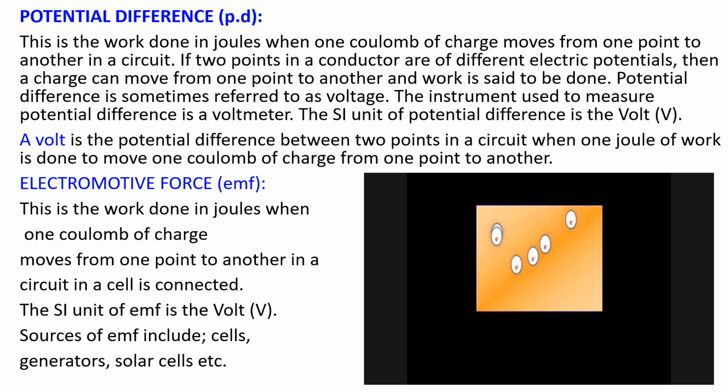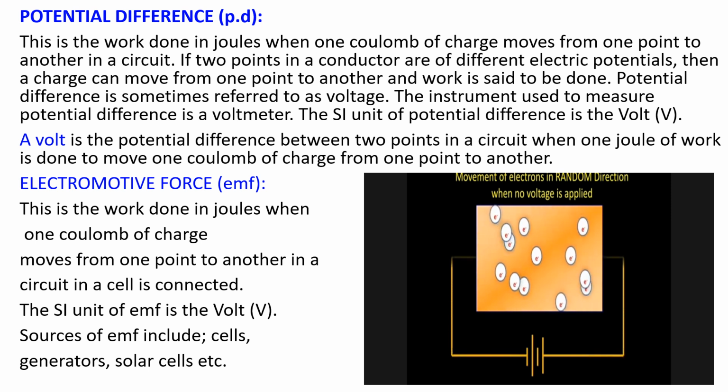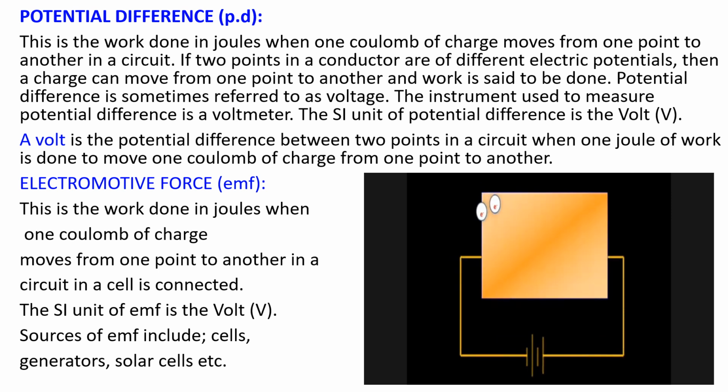So in a conductor, I have free mobile electrons that are in zigzag or random motion, as you can view in the video. Before applying a potential, they are in random motion. But on applying a voltage, they are aligned and they start to flow in a single direction, from negative to positive inside the conductor.